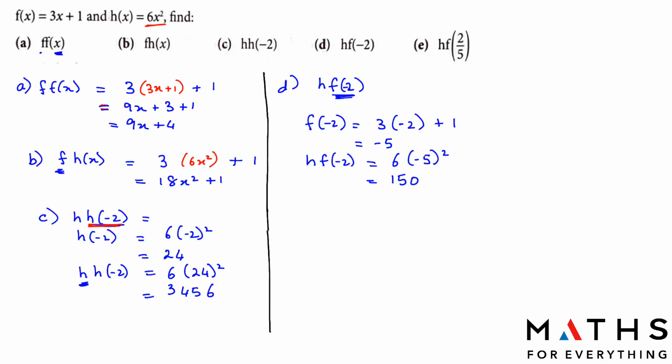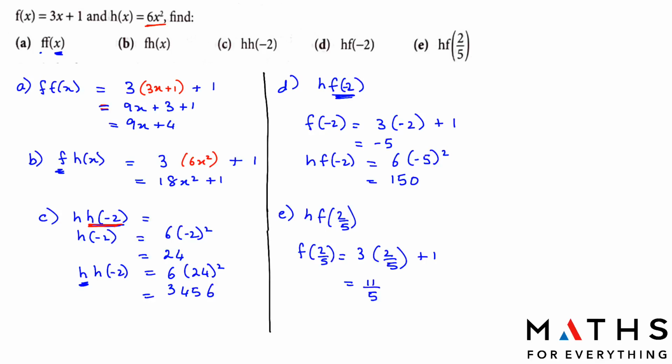Moving on to E. H of f of 2/5. So first we find f of 2/5. In the function f of x, in place of x, we are going to substitute 2 over 5. This will give us 11 over 5.